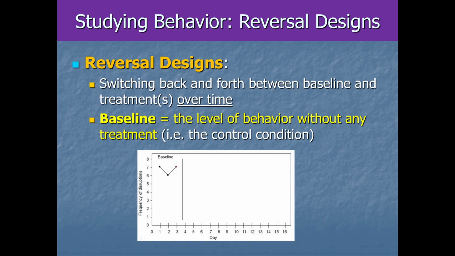Then after a while, you might go back and do the treatment again for a while, and then go back and do another phase of the baseline, and so on. That's why it's called a reversal design. Each time, you're going to measure how much the target behavior happens so you can see whether the treatment causes any change in it.